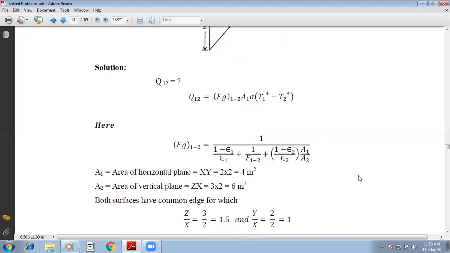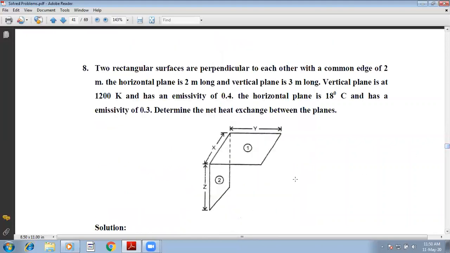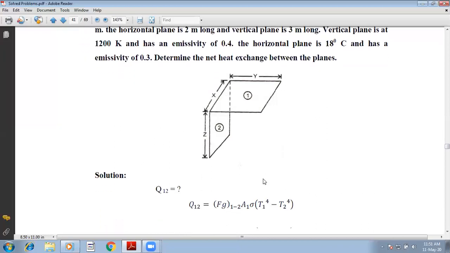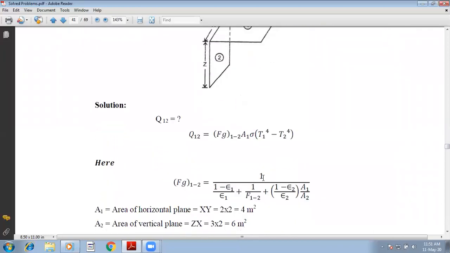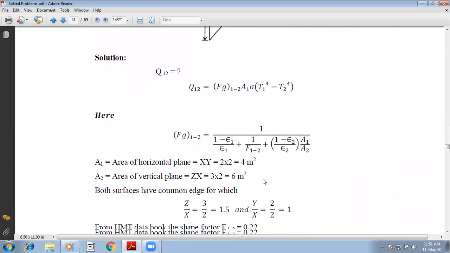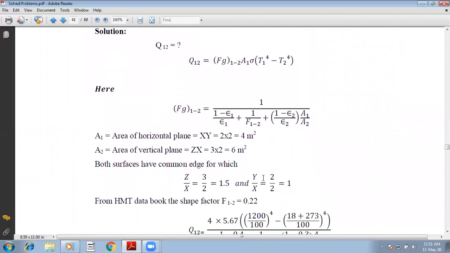So x being the common edge that has been shared by both the surfaces. If you take the value of z by x, it is 1.5, and y by x, it is 1.